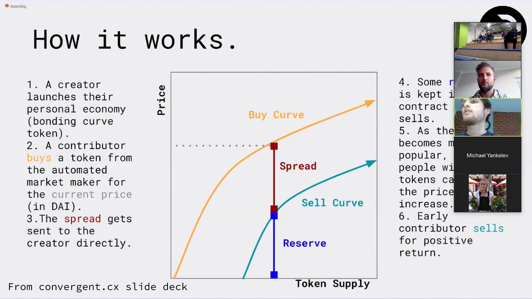By buying into their idea or their work, you are providing a funding source for them. They would receive that tax. And at the same time, if you bought early, you would also receive the upside of that curve increasing in price with the token supply. And as the creator becomes more popular, people buy tokens, the price increases, and early contributors sell for positive return.